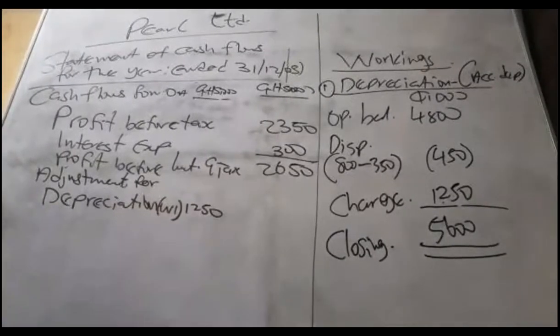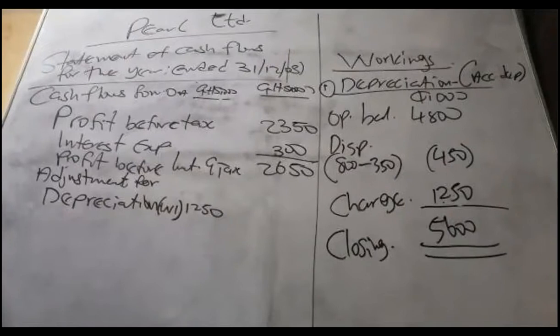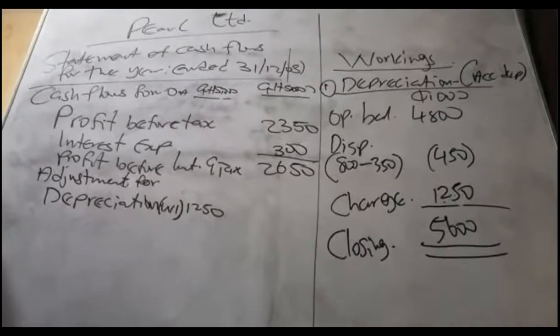And is there any other adjustment that we have to do? So, the profit on disposal. Okay, so what's the profit on disposal?